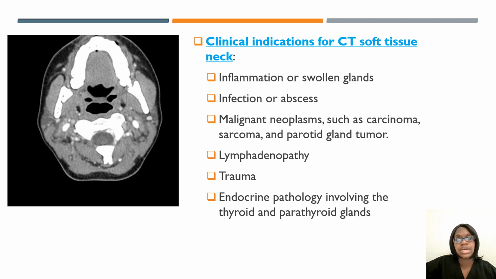Most of the time the doctor will probably order it with contrast. But if the patient is allergic or for whatever reason cannot tolerate contrast because of their kidneys, then it will be done as a without contrast study.